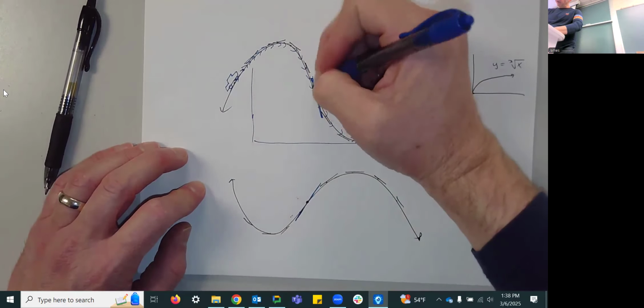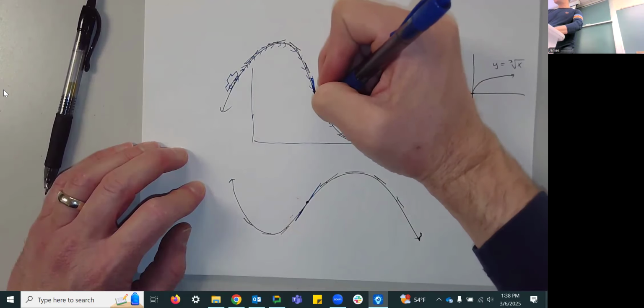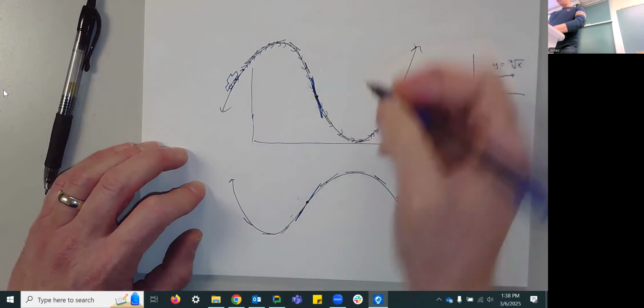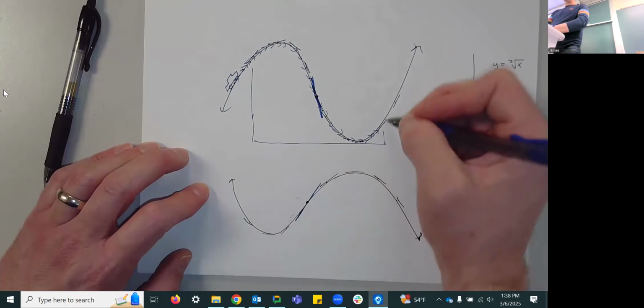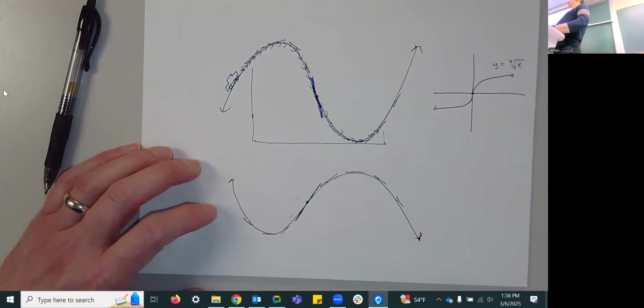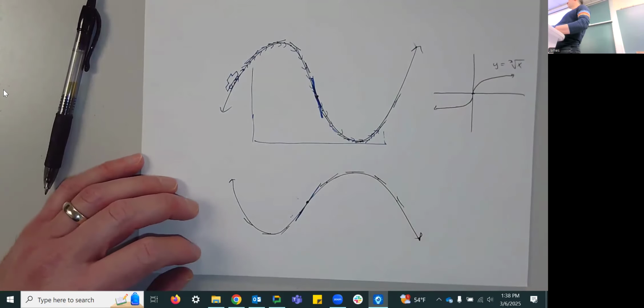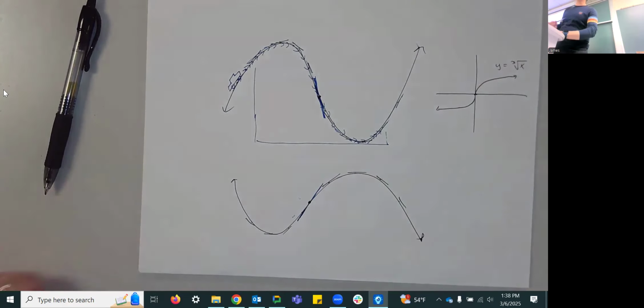As negative as the slope gets, as steep as the slope gets negatively, and then less negative, less negative, less negative, positive, positive, positive. So it's kind of like finding a maximum or a minimum for the first derivative. In fact, it's exactly like that, because you're taking the derivative of the first derivative and setting it equal to 0. That's how you find the maximum or minimum of a function: you take its derivative and set it equal to 0.